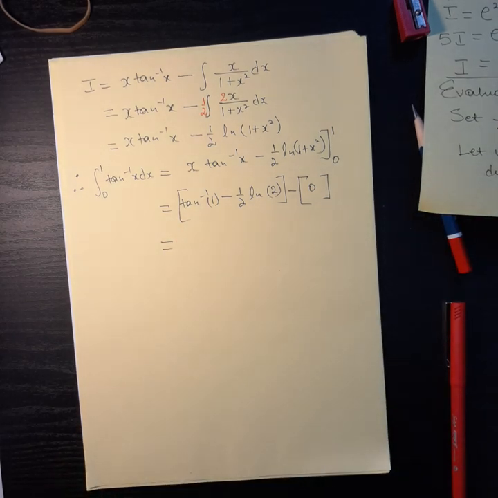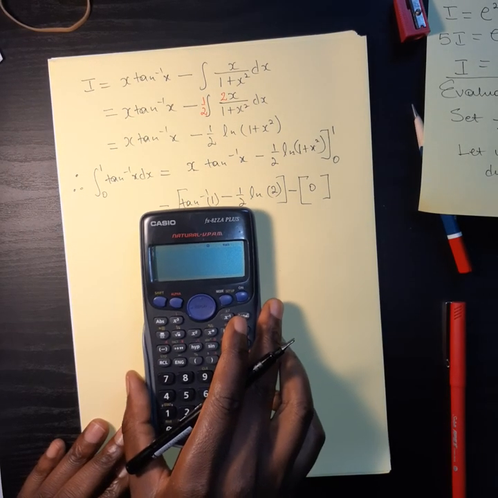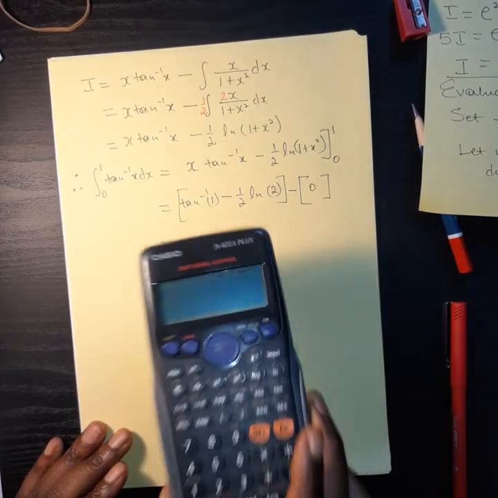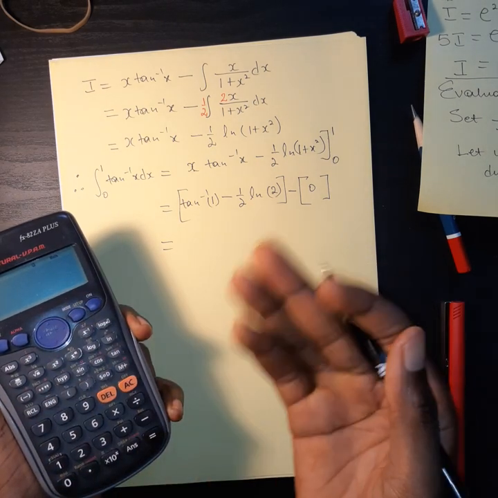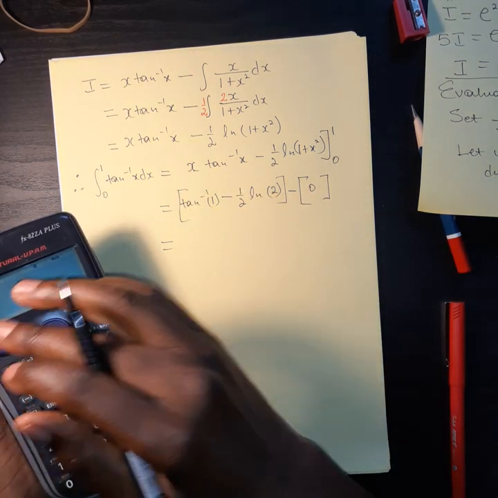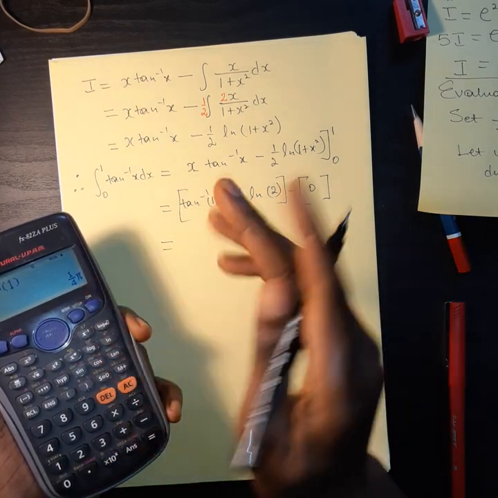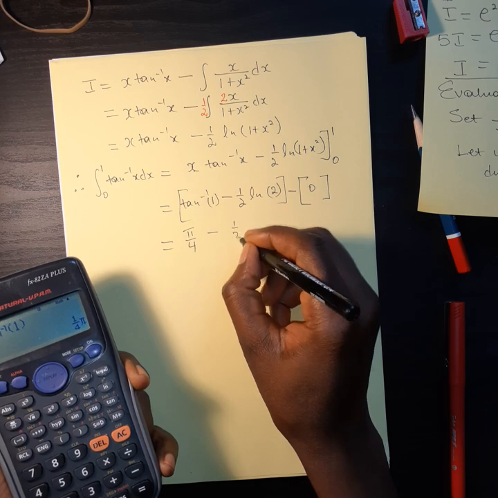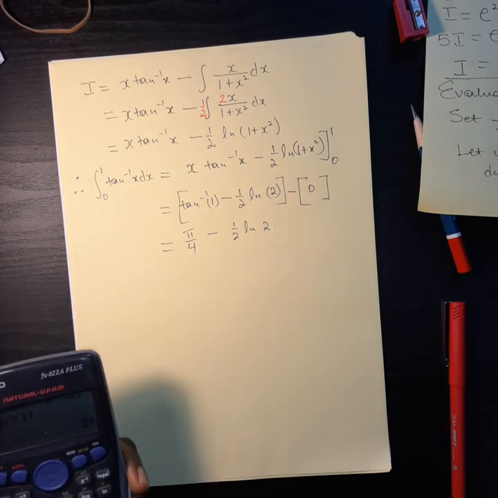And then you take your calculator, put it in radian mode. Mine, it's in R there, maybe you can see it, I don't know, but it's in radian mode. Because the calculator is already in radian mode, we can see that arctan of 1, let me just evaluate this, is pi over 4. So we have pi over 4 minus 1 over 2, the ln of 2, or ln of square root of 2 if we prefer.